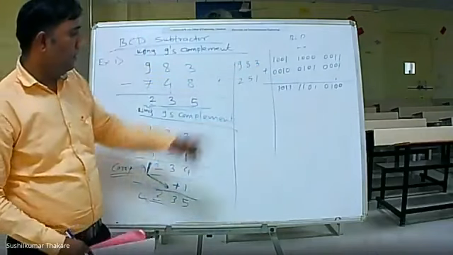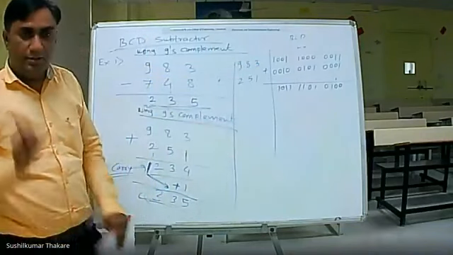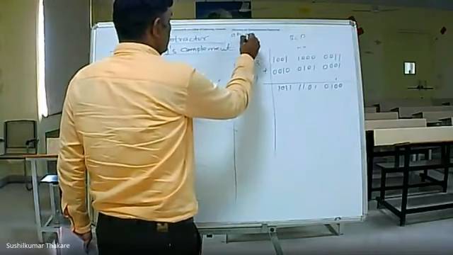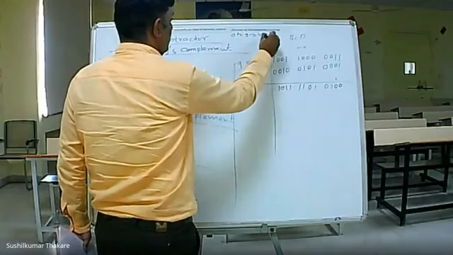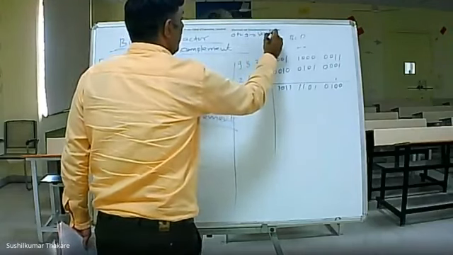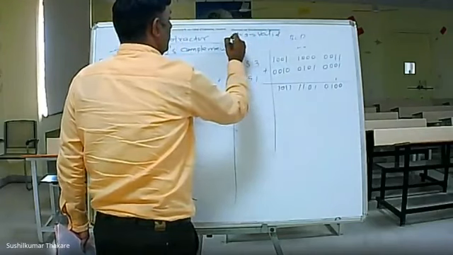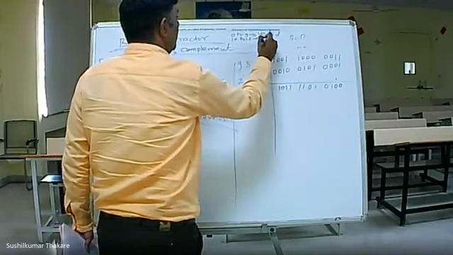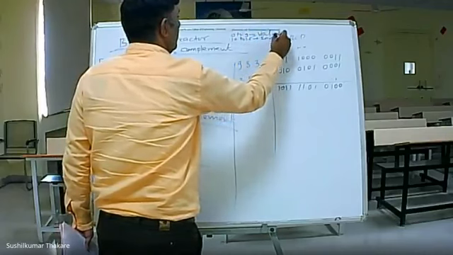After that, you know the rule of BCD: 0 to 9 are valid numbers. This is valid BCD. From 10 to 15, this is invalid BCD.